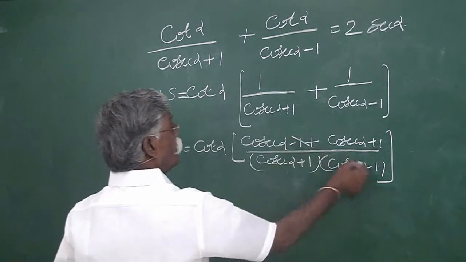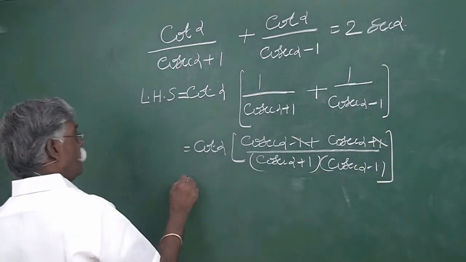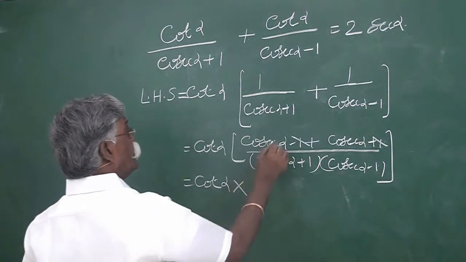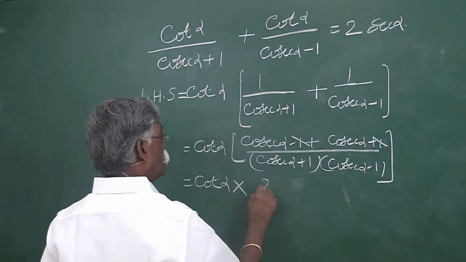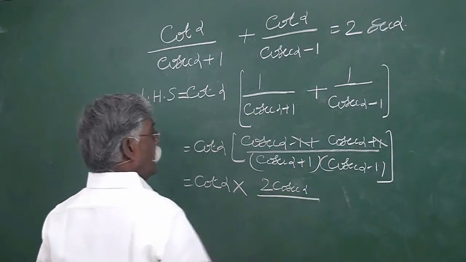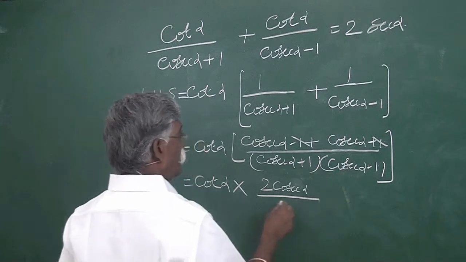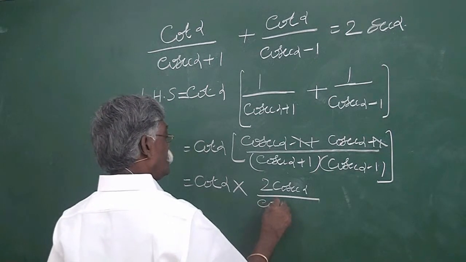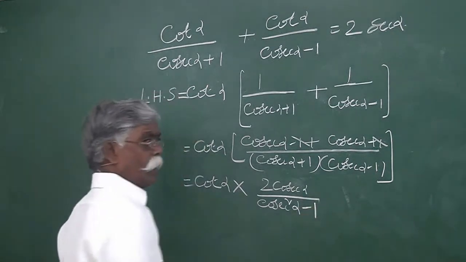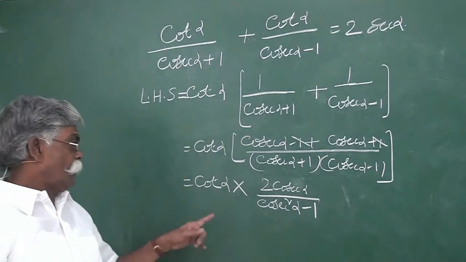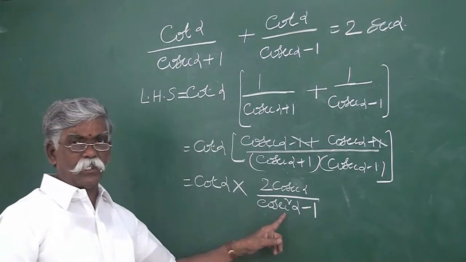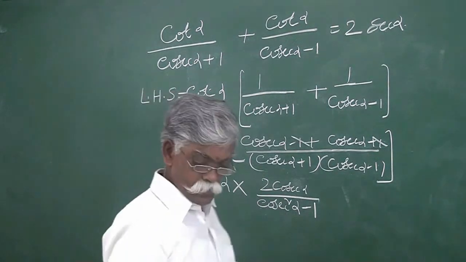Now minus 1 and plus 1 get cancelled, and this is cot alpha into cosecant alpha plus cosecant alpha, which is 2 cosecant alpha, and this is a plus b into a minus b. So therefore this is a square, meaning cosecant square alpha minus 1. So therefore cot alpha into 2 cosecant alpha by cosecant square alpha minus 1.